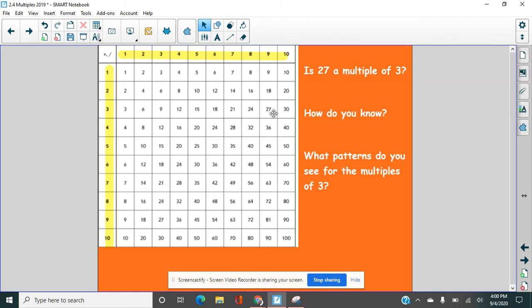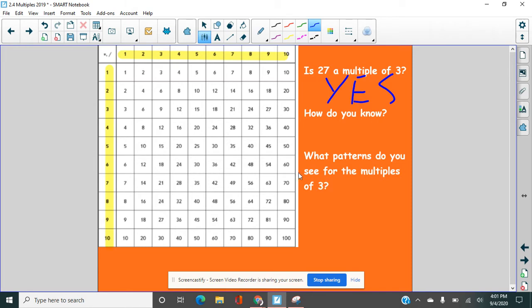There it is. So is this number a multiple of 3? Yes, it is. How do you know? If you count by threes, you would say 27. That's how we know. Another way to say that is I could multiply 3 times 9 to get 27.